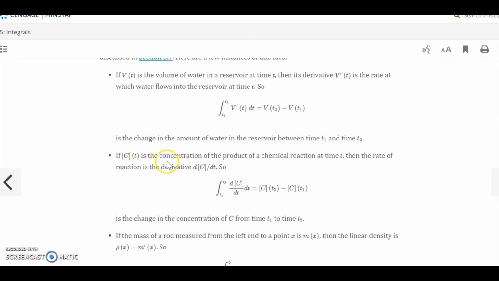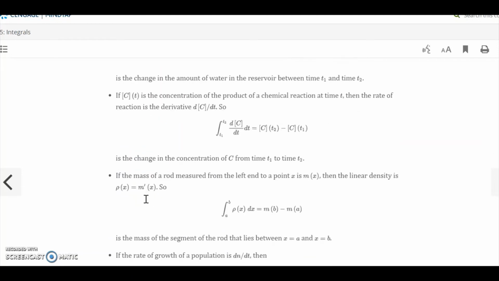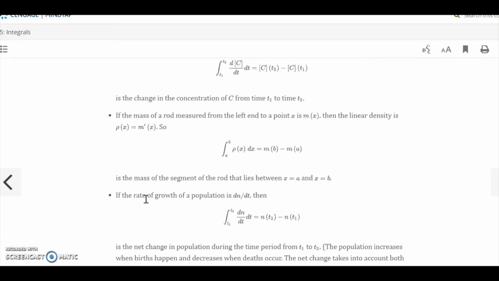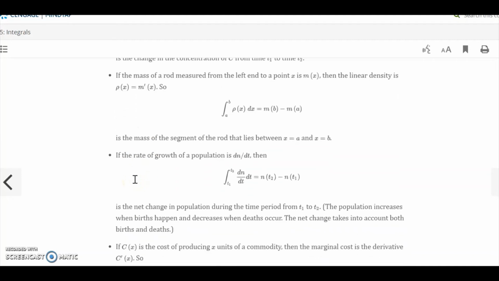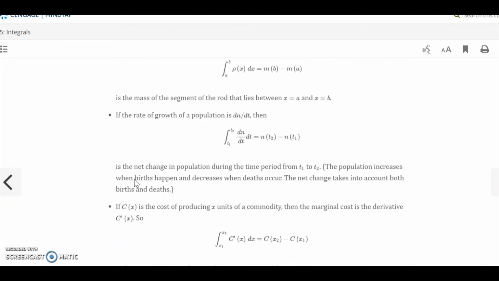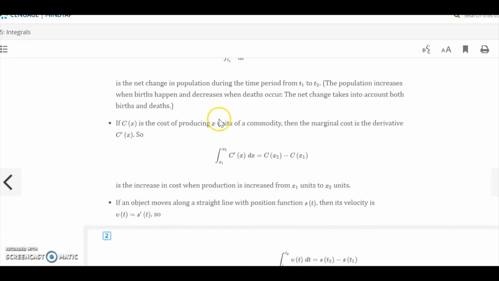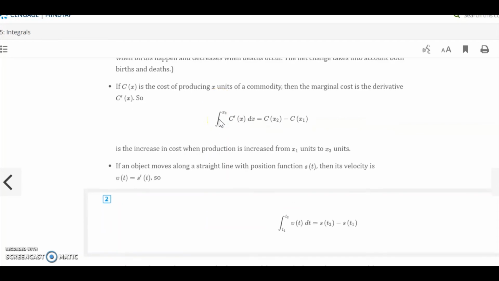You can also use it for chemical reactions and looking at those times, so the difference between time 1 and time 2 again. You can look at the mass of a segment, rate of growth of a population. Marginal cost is another application.